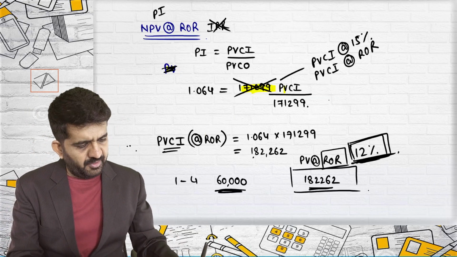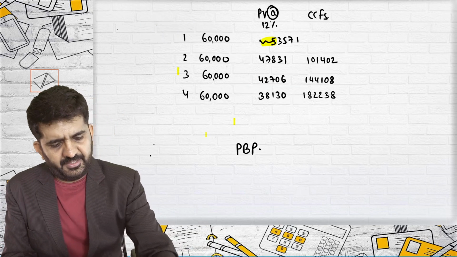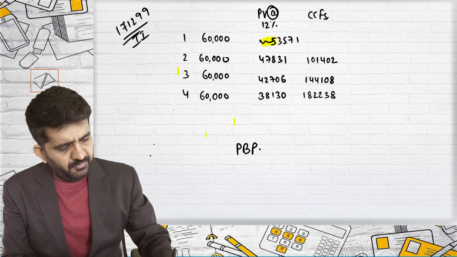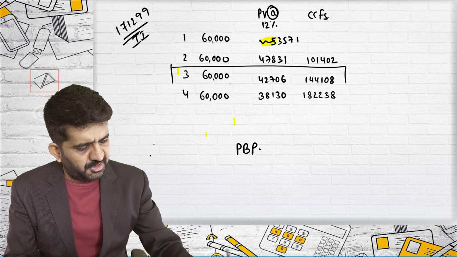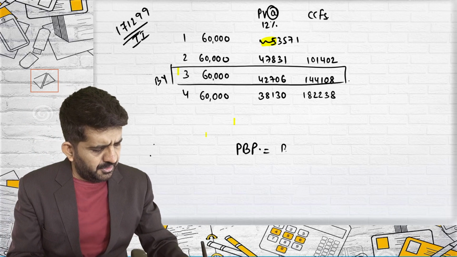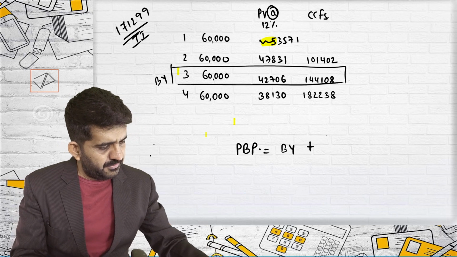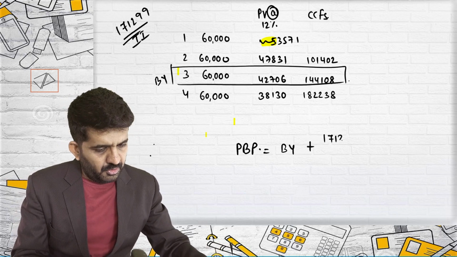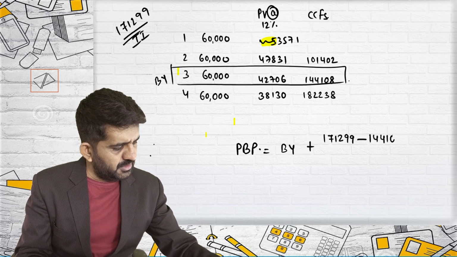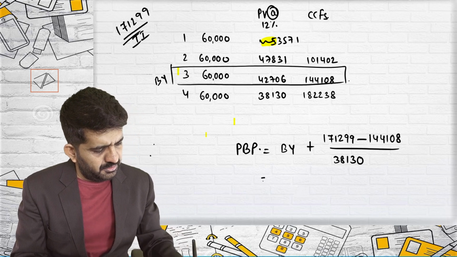I want to recover how much? Initial investment 171,299. 171,299 is my initial investment. It will be recovered after 3 years, so base year will be 3 years. Payback period will be base year plus 171,299 minus 144,108 divided by 38,130.